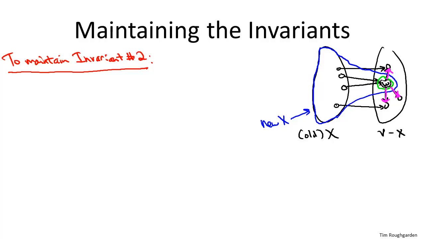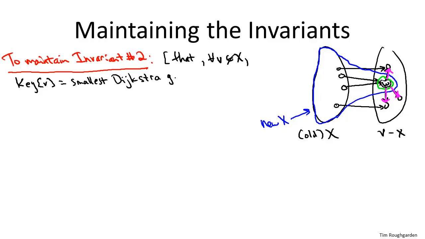To see why it's tricky when new edges all of a sudden are crossing the frontier, let's remember what invariant number two says. It says that for every vertex which is still in the heap, which is not yet in X, the key for that vertex better be the smallest Dijkstra greedy score of any edge which comes from capital X and sticks into this vertex V. Now, in moving one vertex into X, namely this vertex W, there can be new edges sticking into vertices which are still in the heap.